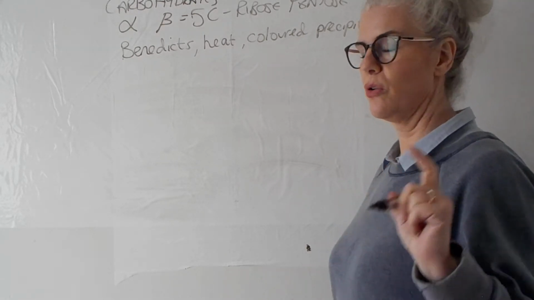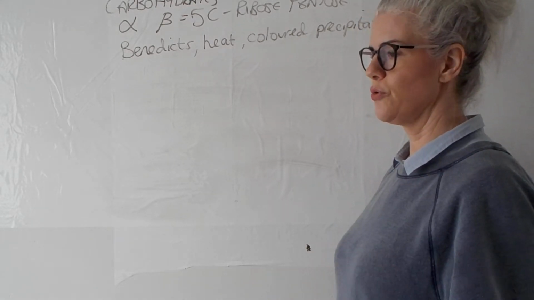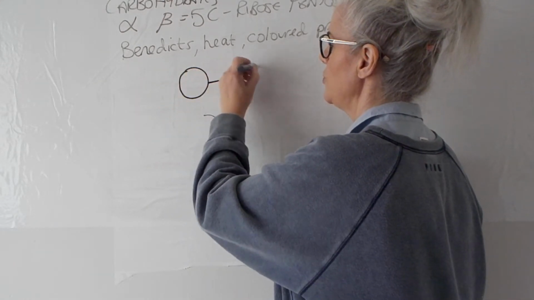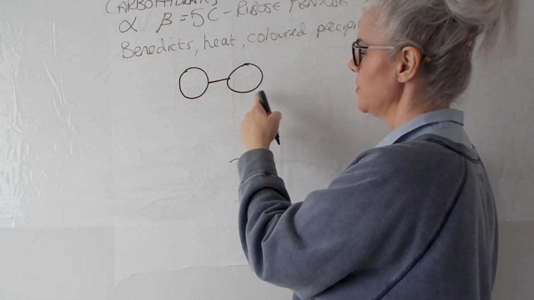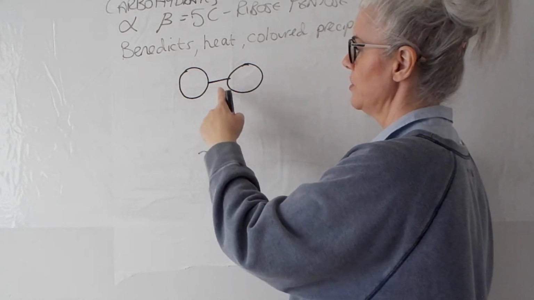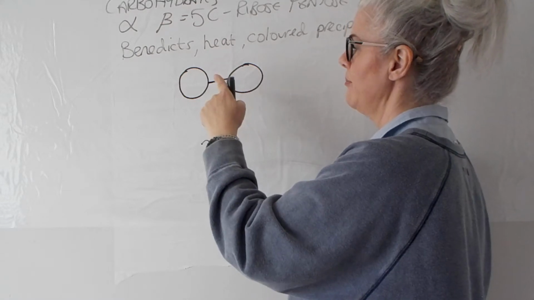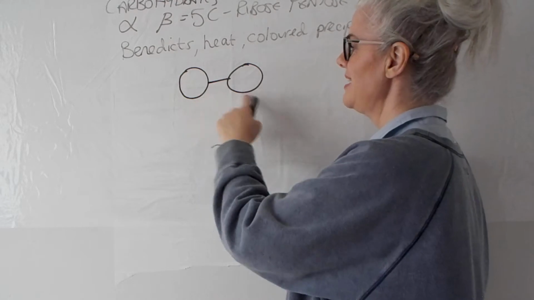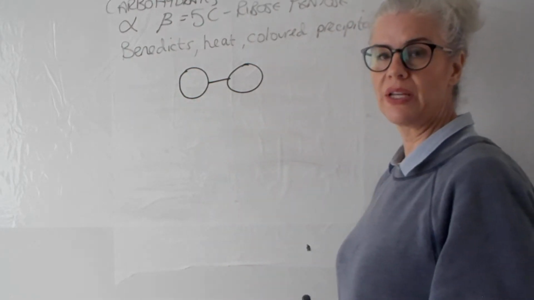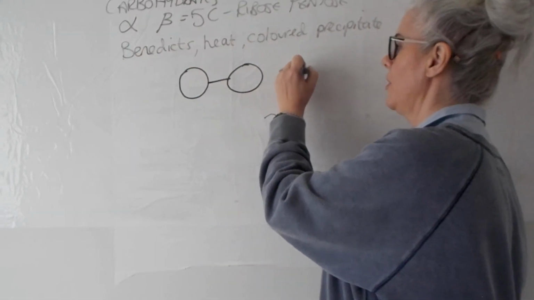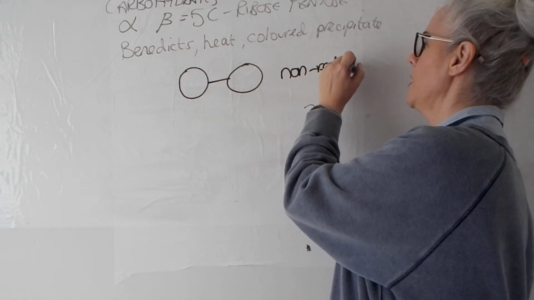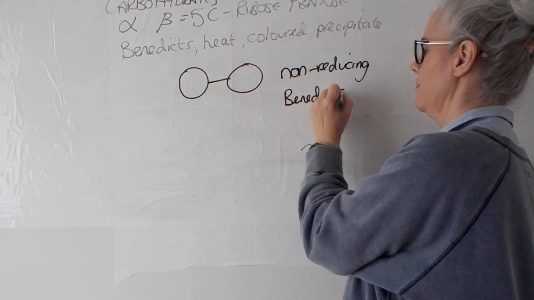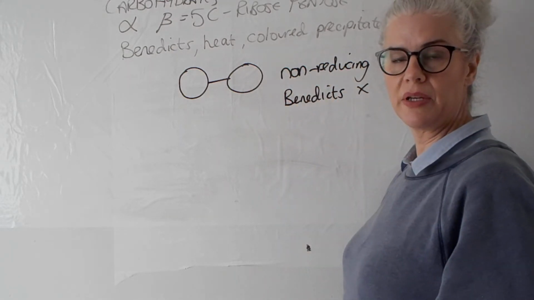Now, in a different video, I'm going to go through condensation and hydrolysis reactions, but essentially, if you have 2 sugars bonded together, so if this is sucrose, you've got 2 monosaccharides bonded together, and when you do that, these are no longer able to donate electrons. So this is a non-reducing sugar. So if you test with Benedict's, you will not get a coloured precipitate.